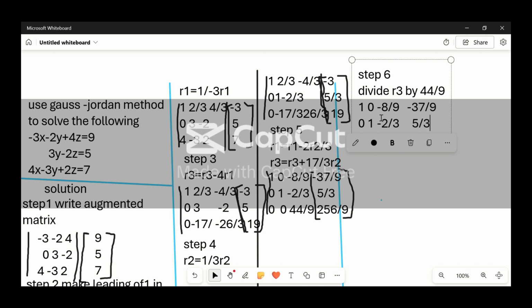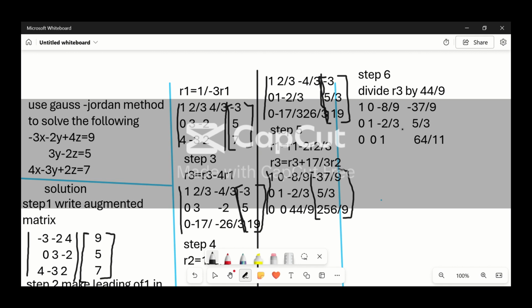For the third row we're having 0, 0, and 1, and for this one 64 out of 11. Yeah, that is how the matrix looks. So you can do it.